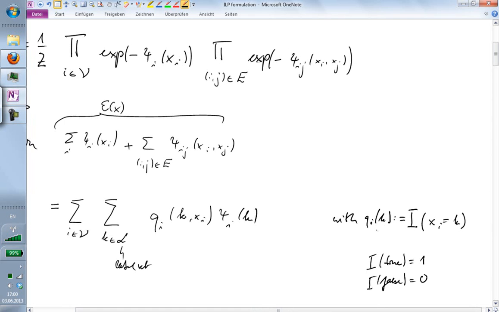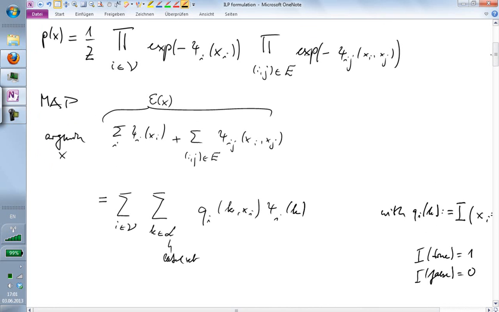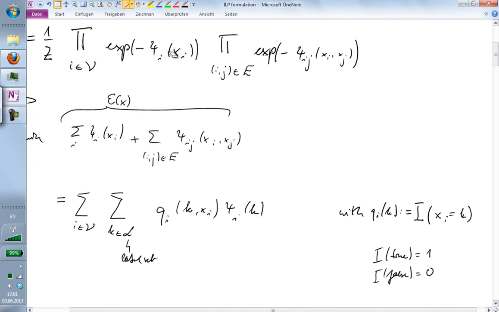So you see that I've introduced a whole vector of these new indicator variables for just the ith site. But this was just for the unary terms. And I hope that you agree that the value of this will be the same as for the unary term above. Do you agree?